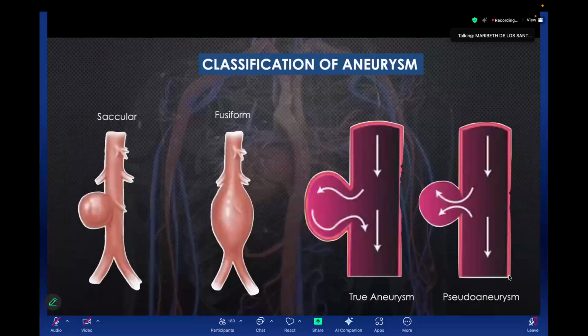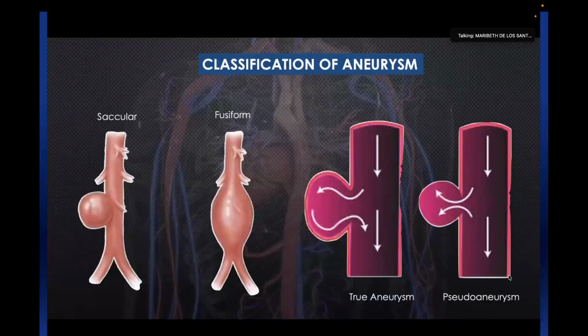In contrast, a saccular aneurysm involves only a portion of the circumference, resulting in an outpouching of the vessel wall. Between the two, a saccular aneurysm is more prone to rupture than the fusiform.